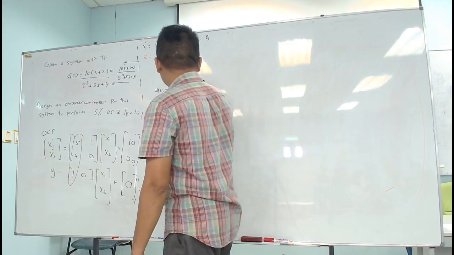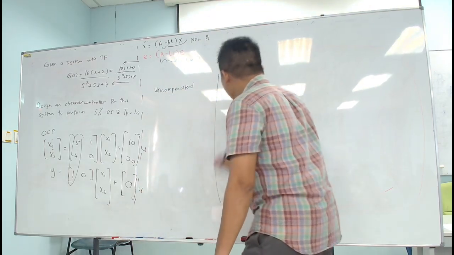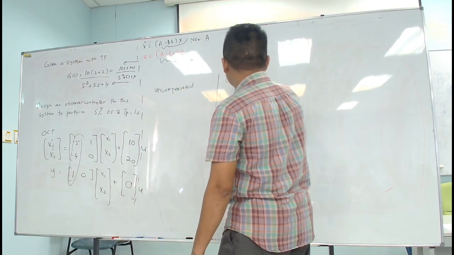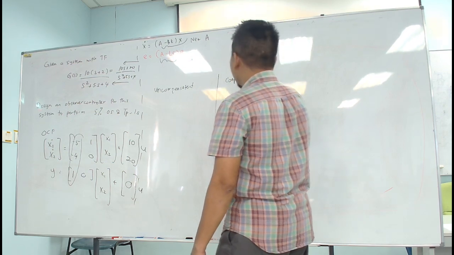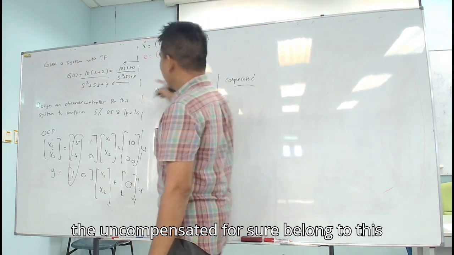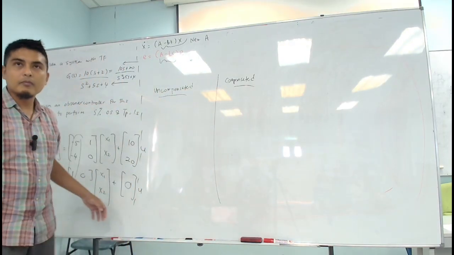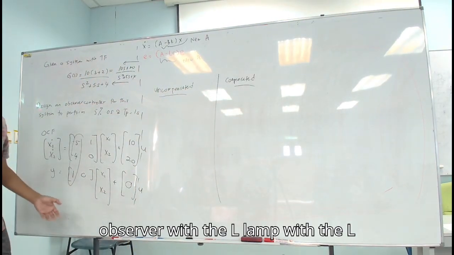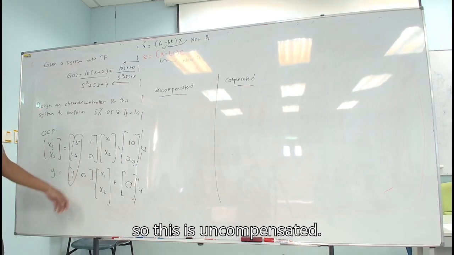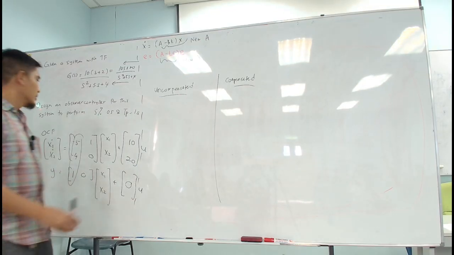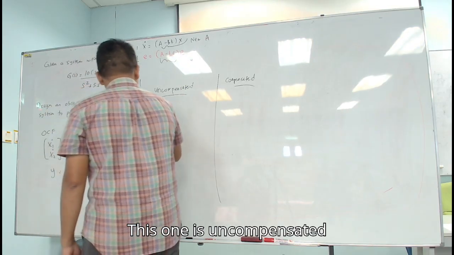The uncompensated for sure belongs to this one, because this is the system without observer control, with the L. So this is uncompensated.